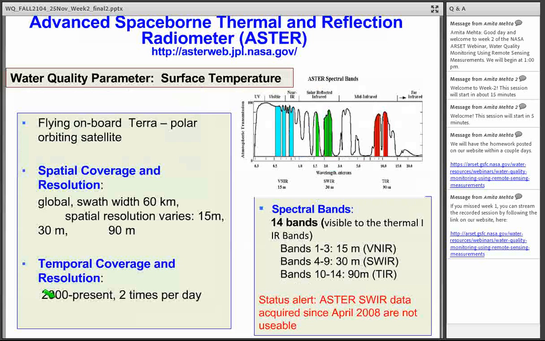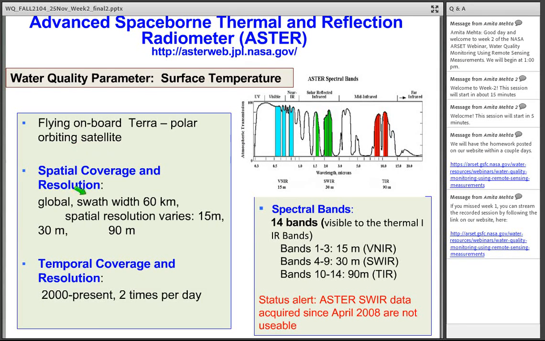Okay. Moving on to ASTER, which is also flying on Terra, has 14 spectral bands and has a near infrared band, so that is useful for monitoring surface temperature in water. The bands are shown here, and spatial coverage again is global.